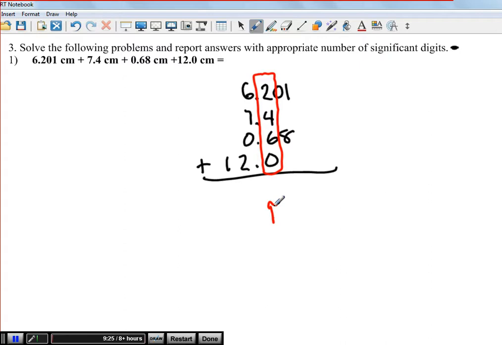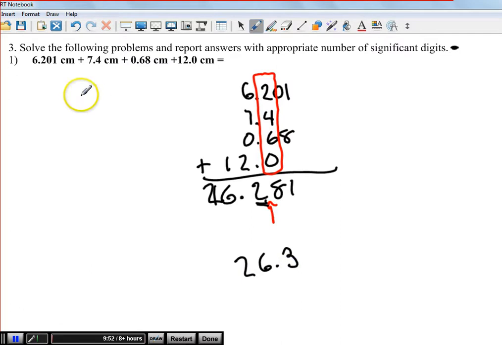I'm going to be doing it in a calculator. And then what you'll see is we get an answer of 26.281, but again, we want to round it to the tenths spot because that's the smallest place that all the numbers have in common. Even though this is 0, it's still reported, it's still significant, so it still has that in common.